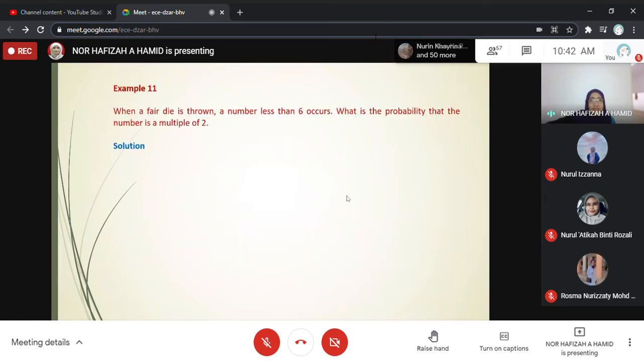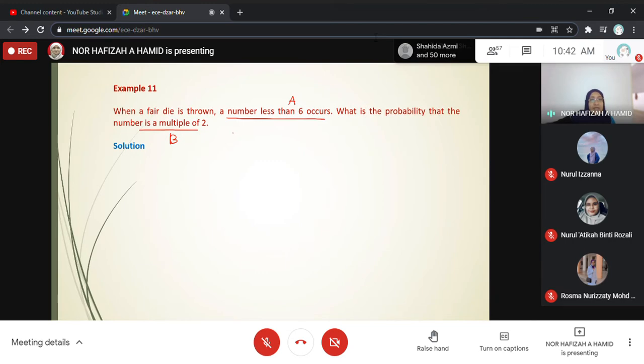Now refer to example 11. You have two events. First, a number less than 6, which I assume as event A. You need to calculate the probability that the number is a multiple of 2, which is event B. This is a conditional event because you are given two events, but we calculate only one event.